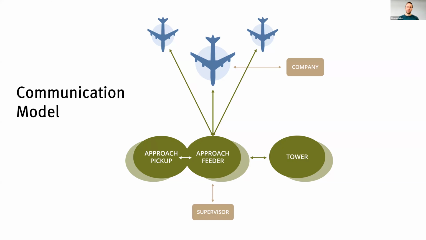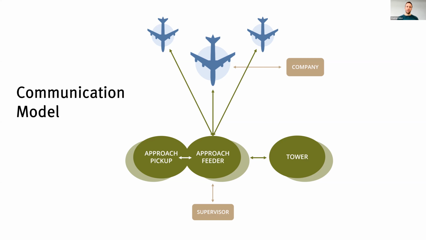The approach would pick up incoming traffic from the en route controllers and then forward it to the approach feeder. And the feeder position would make sure to condense traffic in a still safe but as close spacing as possible to make the most use out of the runway, and then hand over the traffic with the reduced spacing to the tower.